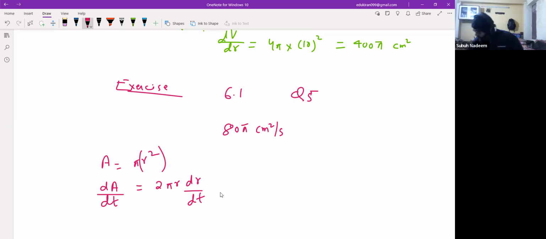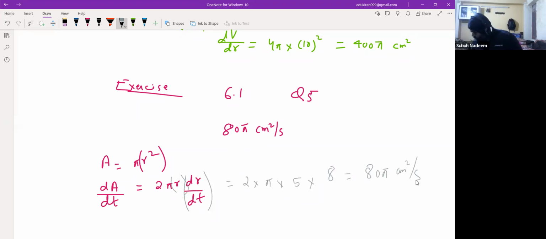So the speed is 5 cm per second, that is dr/dt is 5 cm per second. And r is 8 centimeters. So this would become 80π. Yeah, correct, 80π cm² per second.